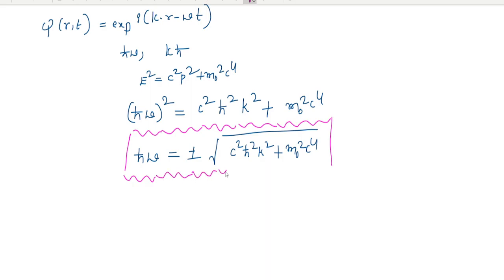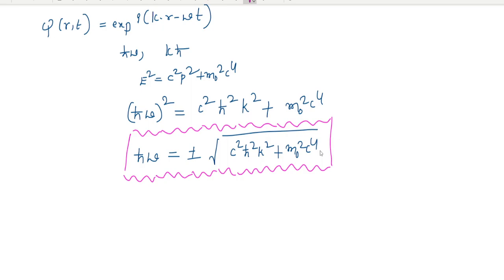We know about, especially in non-relativistic quantum mechanics, many times we observe the energy in the positive term. We know that value. But this Klein Gordon equation suggests that the energy eigenvalues can have both positive and negative values.